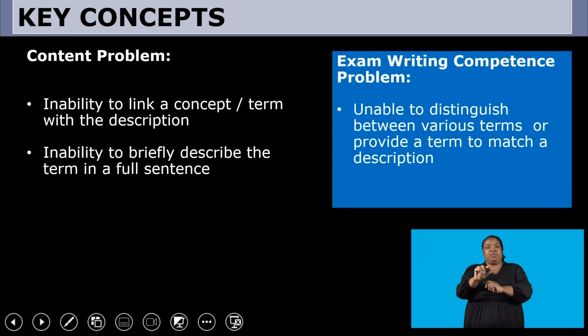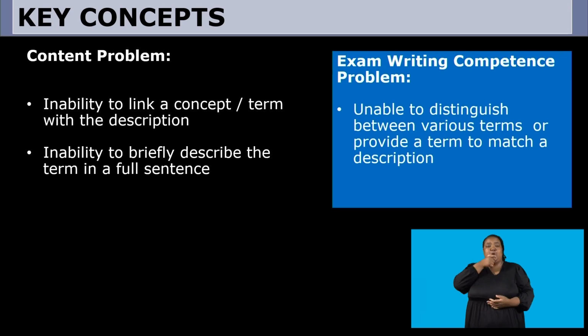The content problem under key concepts is the inability to link a concept or a term with a description, the inability to briefly describe the term in a full sentence. Please take note of this. Also, the inability to distinguish between various terms or to provide a term to match a description.